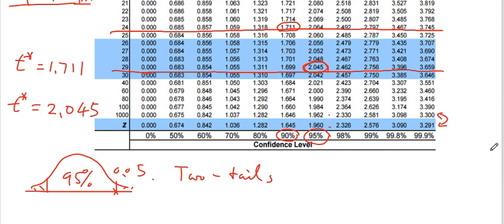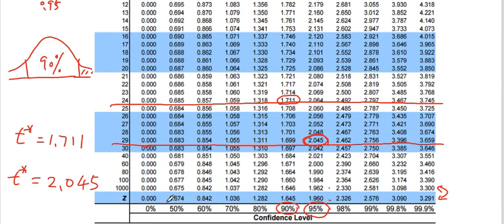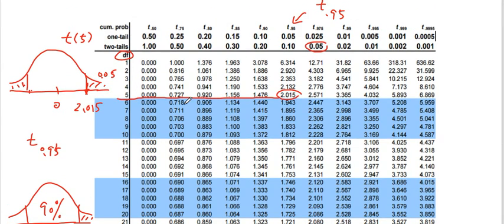But for sample size quite small, like here Z star for 95% confidence is 1.96, but if the degree of freedom is quite small, say 4 or 12, we can say the difference is quite huge, right?